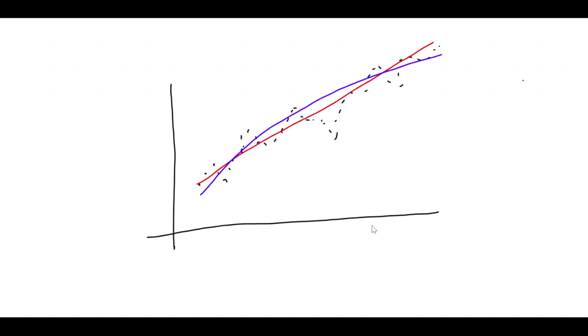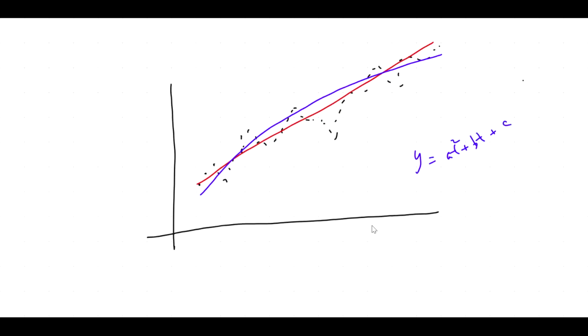Similarly, also in the time series analysis, now if there is a possibility that for this particular data set, someone may come up with a linear trend, like this red line, which is a linear trend or a straight line, or someone may come up with the blue line, which is a quadratic function, like a function of the form y is equal to at square plus bt plus c, that kind of a function.